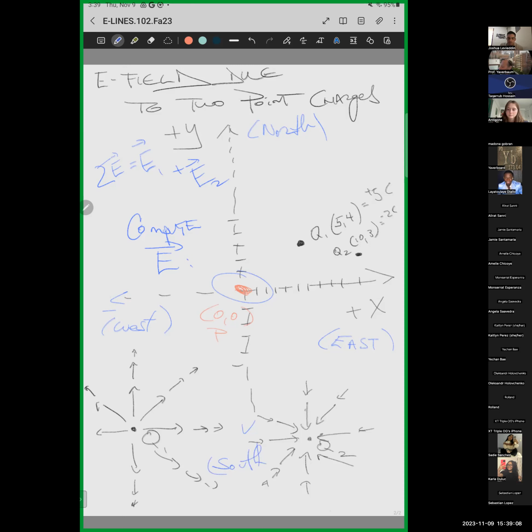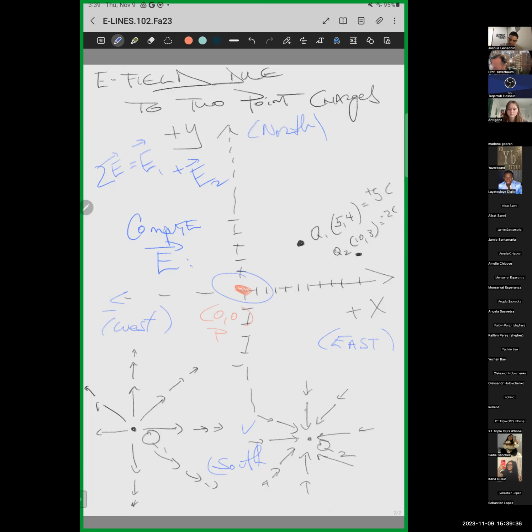Okay, so there's this positive point source called Q1, which is in the northeast of the origin. It is positive, so it is pushing out everywhere. In particular, it's pushing out on the origin, as per this diagram in the lower left corner of the page.